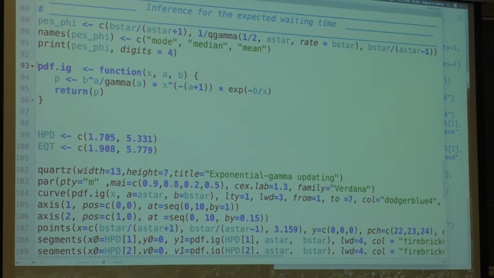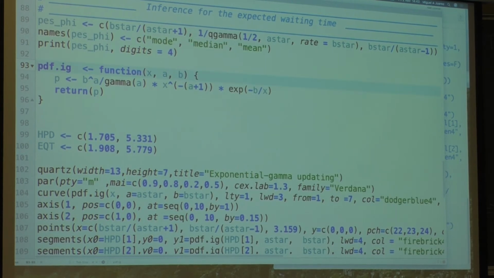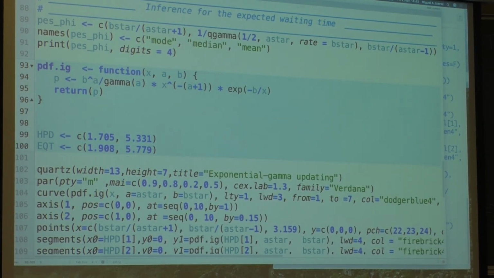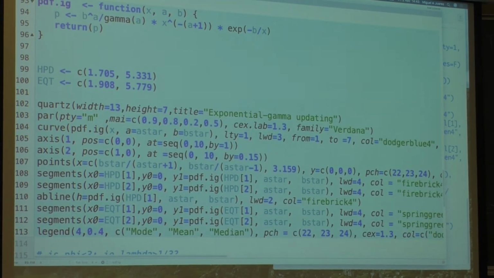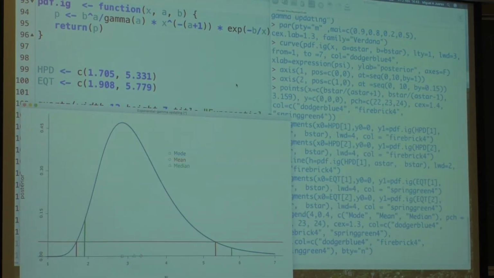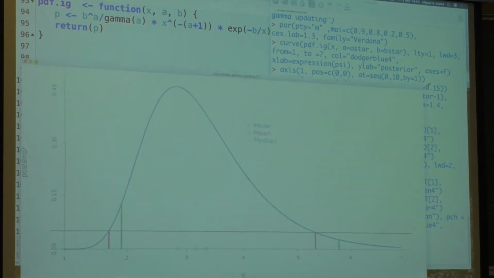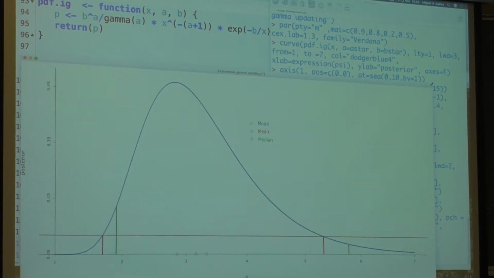I didn't bother to write in R the code for the HPD. I just calculated it in Mathematica, which is easier. But I'm plotting it here. And this is now the posterior distribution of the expected waiting times. Over there are marked the mode, the maximum value, the median, and the mean.